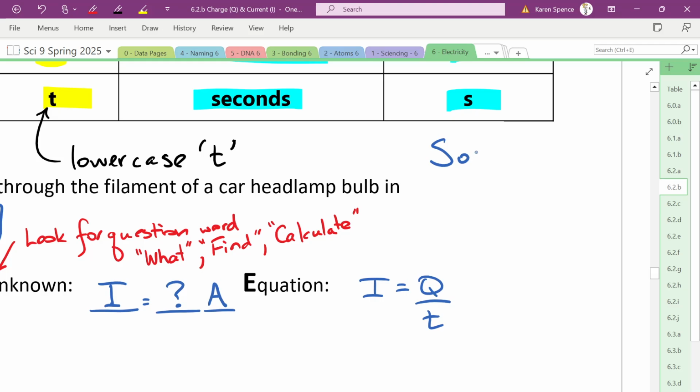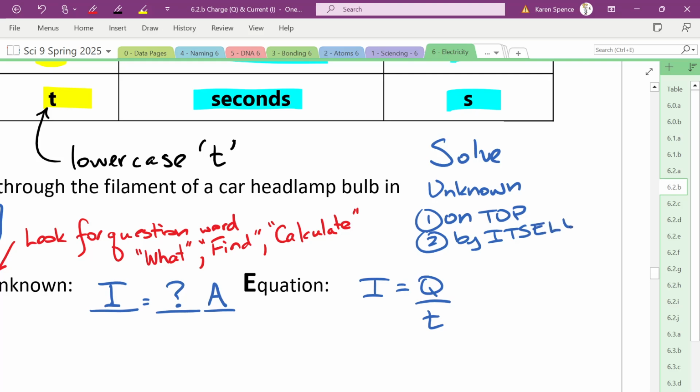And remember, when you solve, you get the unknown on the top by itself and on the left.